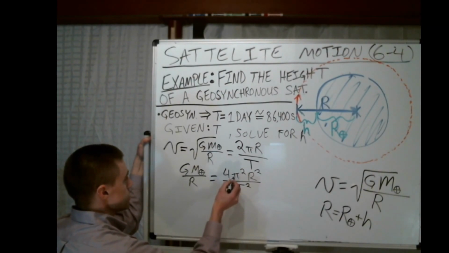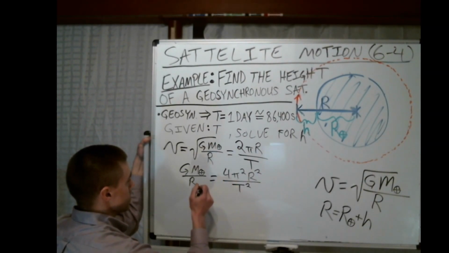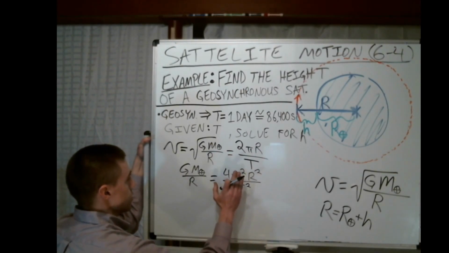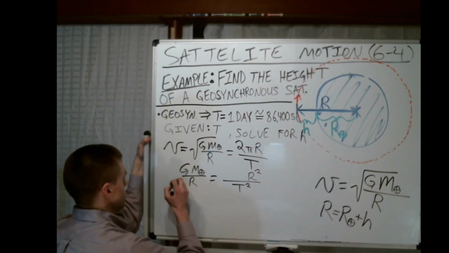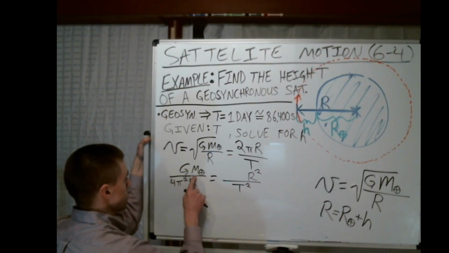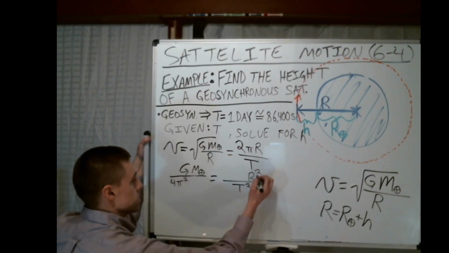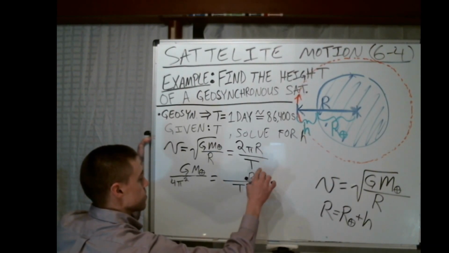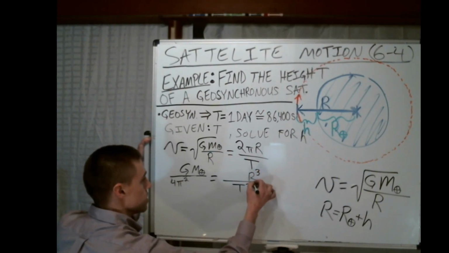I'm going to divide both sides by 4 pi squared and multiply both sides by r, which brings the power from a 2 to a 3.